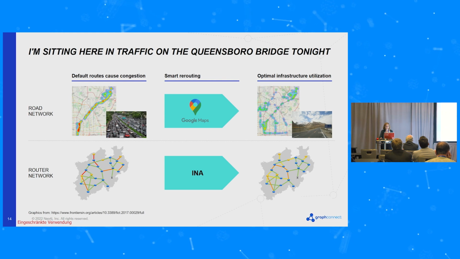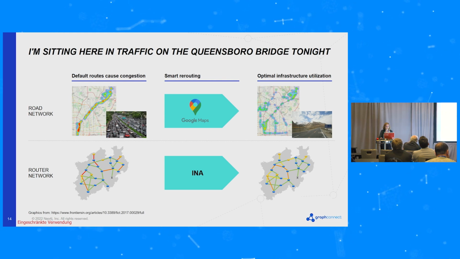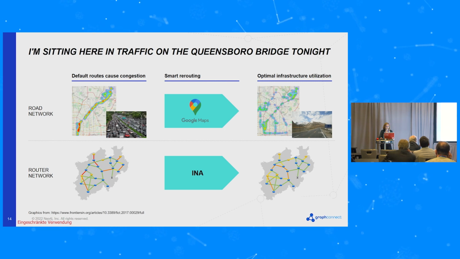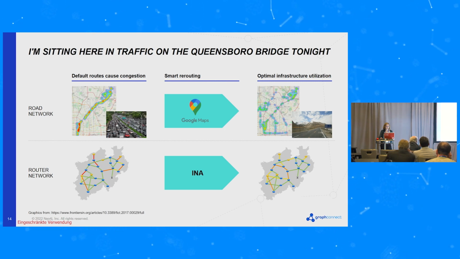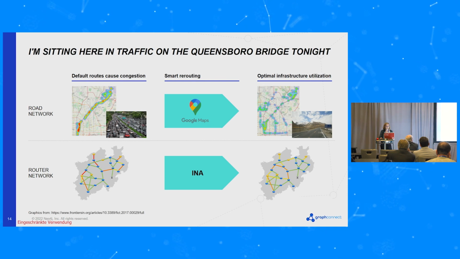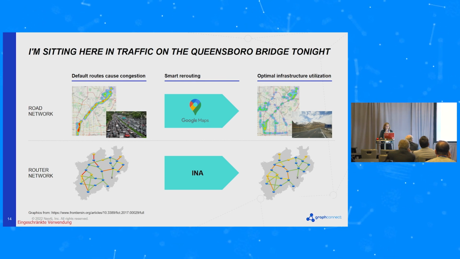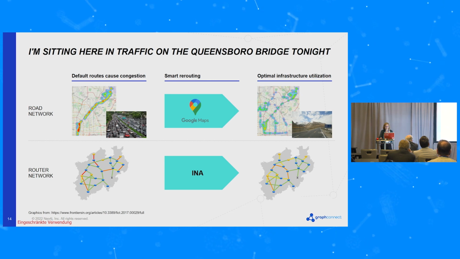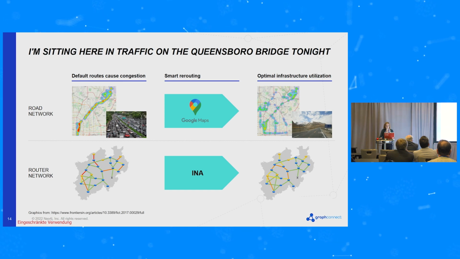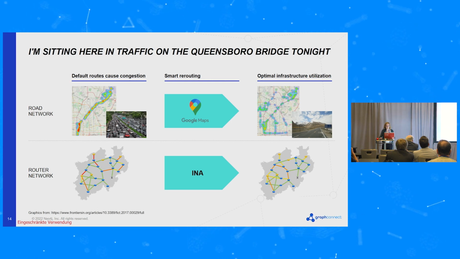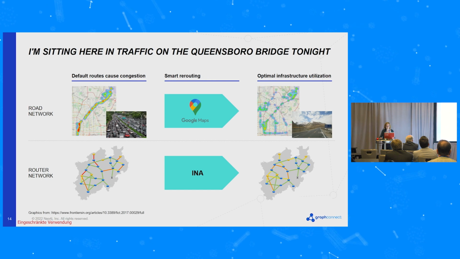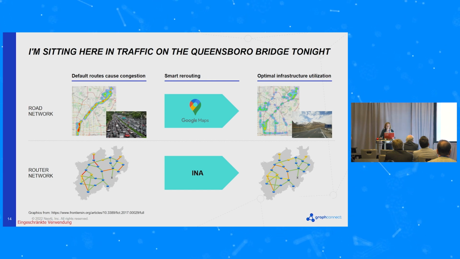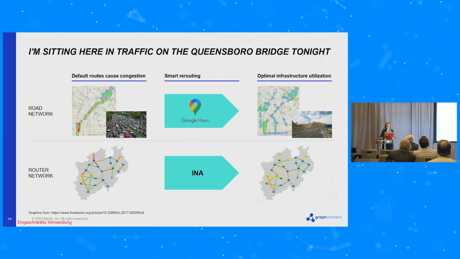And exactly the same is what INA does. Here we have a network, and these dark red lines indicate very highly utilized edges. What INA does is provide other routing so that the edges won't be as utilized. And the same as in the traffic congestion, maybe some routers will take a longer path, but then the network is more balanced.